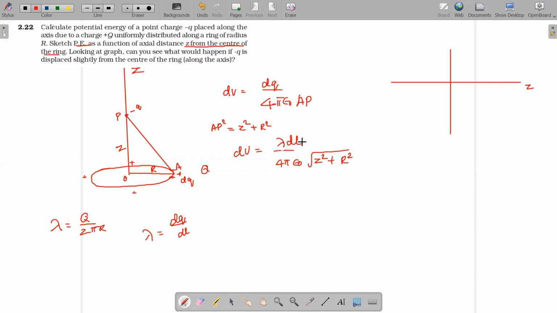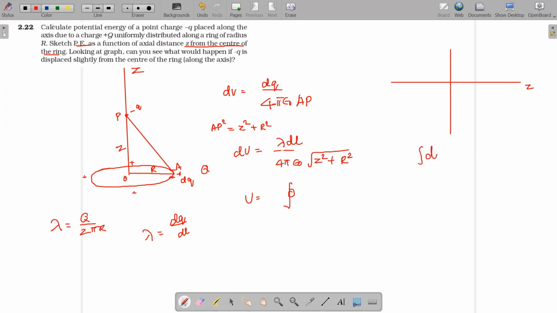This is the small potential. For the total potential, we integrate, a closed integral over this ring. This integration is applicable for dl.